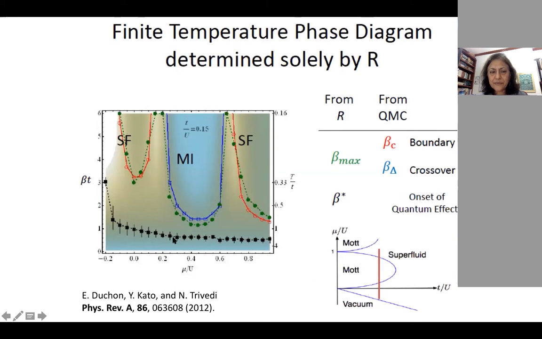It's a little different plot: beta versus chemical potential tuning with some fixed hopping. I'm cutting the phase diagram in some other way, but you can again see there's a superfluid region, Mott region, superfluid again, and you can get these quantum critical regions. Okay, so that's the story of quantum fluctuations.